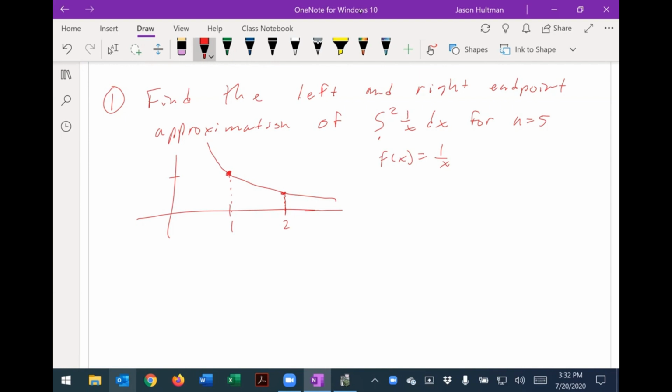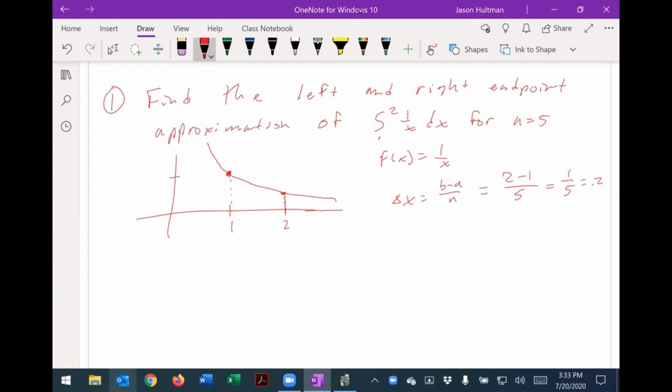Well, I'm just going to find delta x. Delta x is going to be b minus a over n, that's the increment I'm going to use. So this is 2 minus 1 over 5, which is 1/5, which is 0.2. So 2, 4, 6, 8, who do we appreciate? The fifths. 0.2, 0.4, 0.6, 0.8.